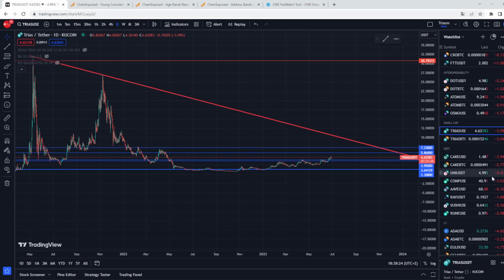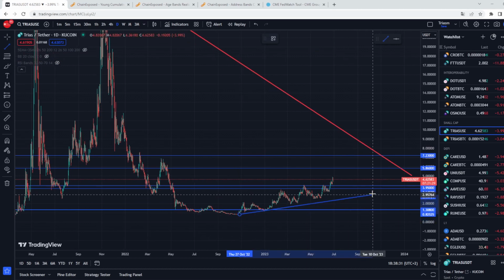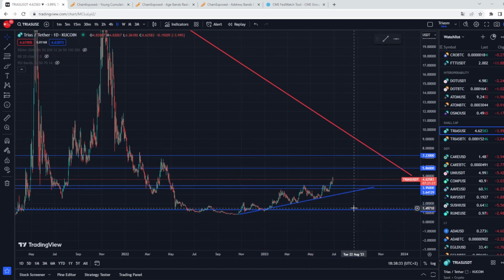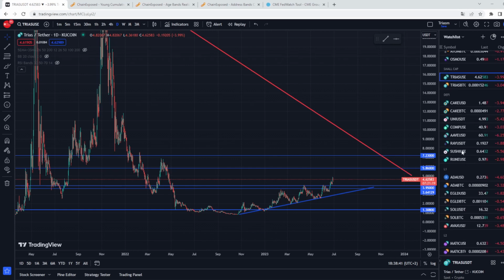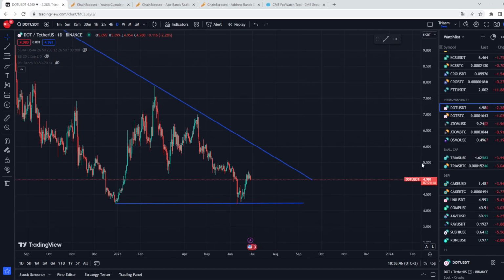Anyway. For this price pattern, I don't like to see it, but I see it in the short term, for example, that it is actually taking the supports every time and getting higher into a new zone. So it's good. And DOT got down.